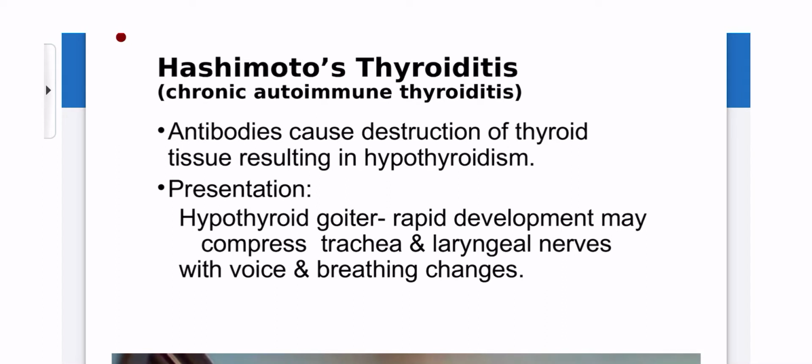So you get a goiter in this situation because the thyroid gland is trying so hard to get more iodine or to compensate that it enlarges. So the end result of Hashimoto's thyroiditis is myxedema coma. And of course, that person is going to need a ventilator.